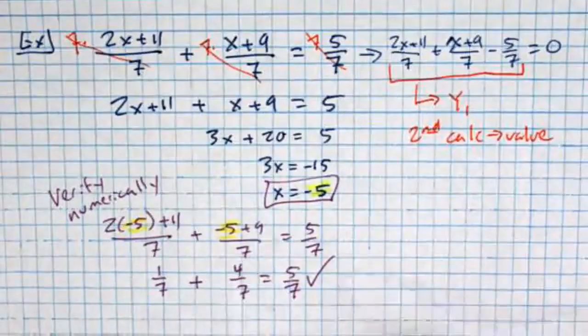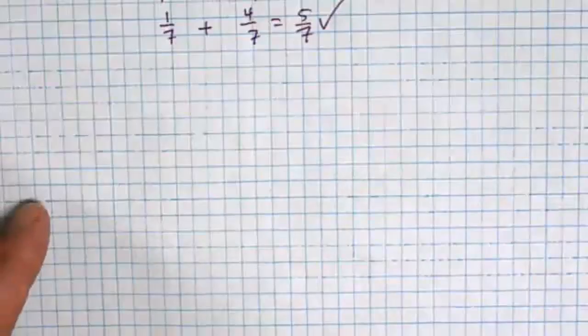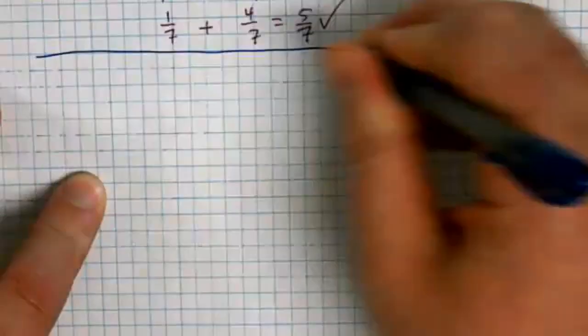All right, here we go. Number 2. So this one's going to have some x's in our denominators.